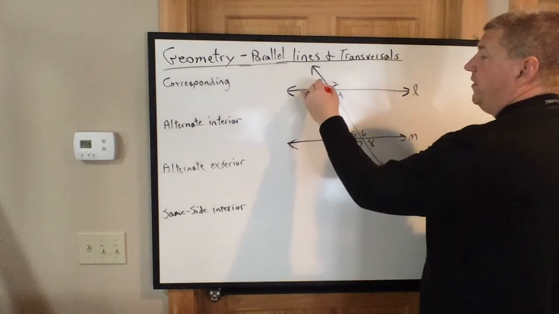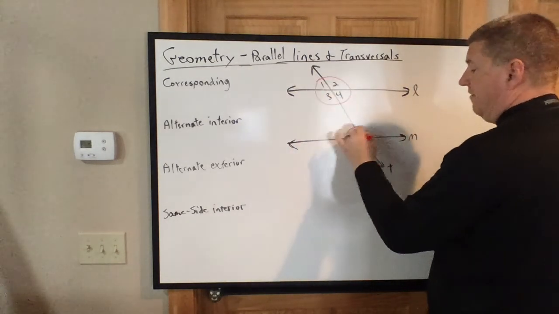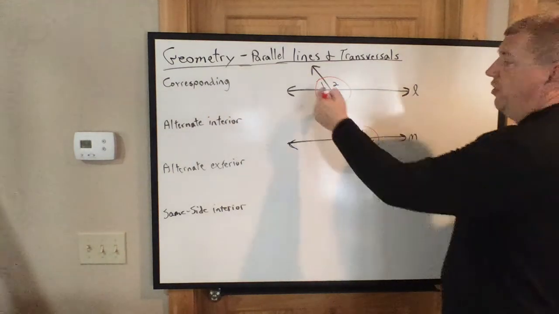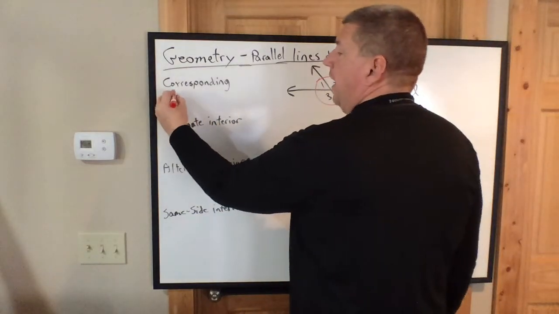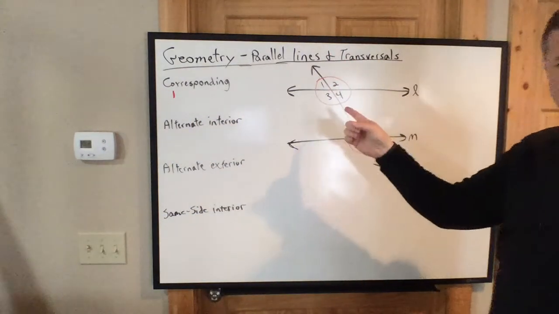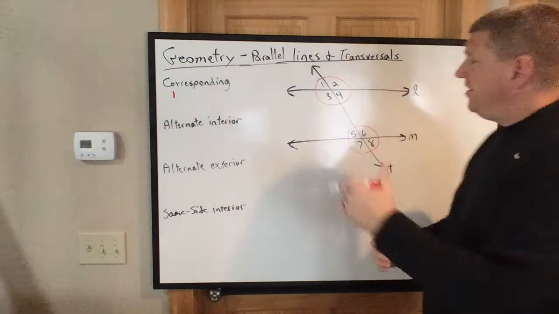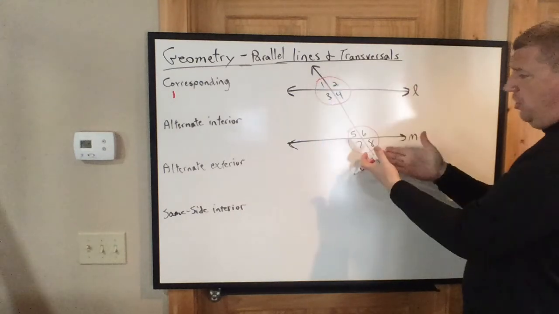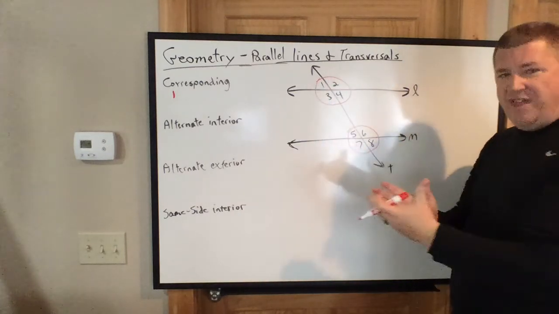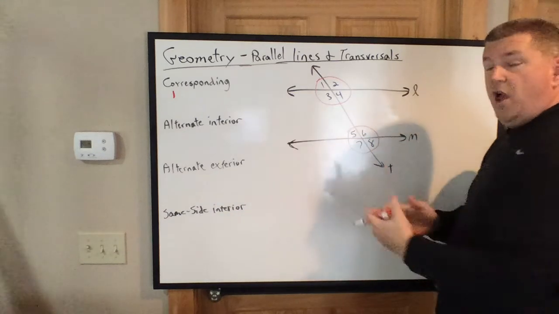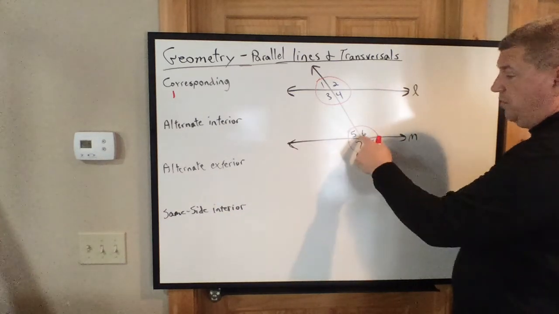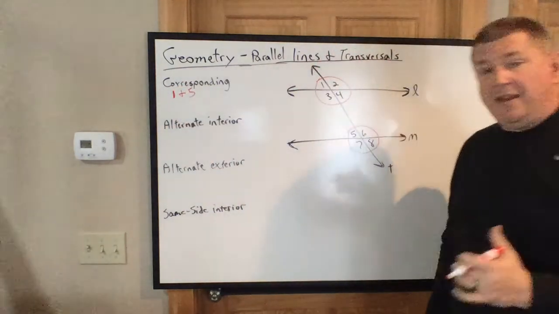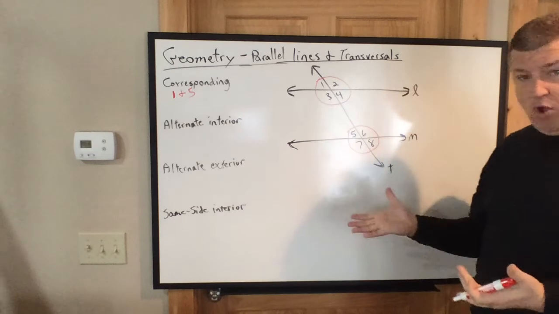Let's look at angle number 1. In this cluster of angles, it is in the upper left-hand corner of that cluster. So I look at the other cluster for the angle that is also in the upper left-hand corner, which would be angle 5. So angle 1 and angle 5 would be corresponding angles in this particular drawing.